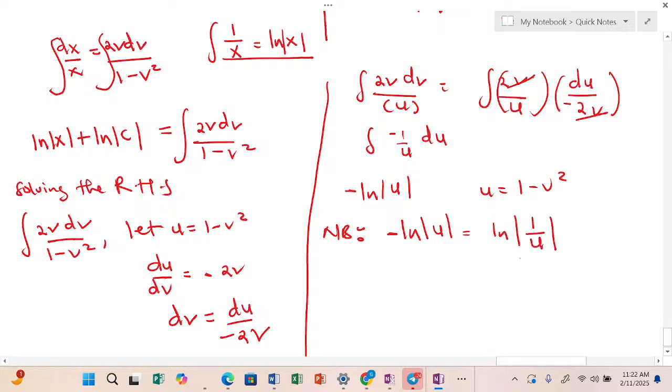Alright, so we have this as our equation. Substituting u into the equation, we have it to be ln of 1 over (1 minus v squared). So this is what we get for our right hand side. Our left hand side has been solved already. So quickly we equate the two.